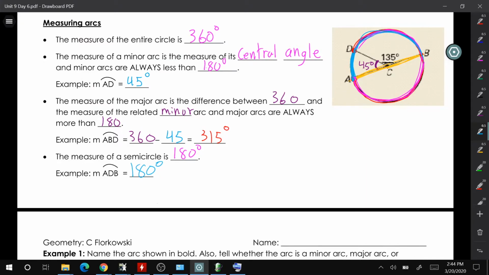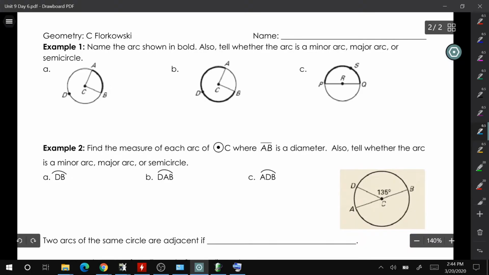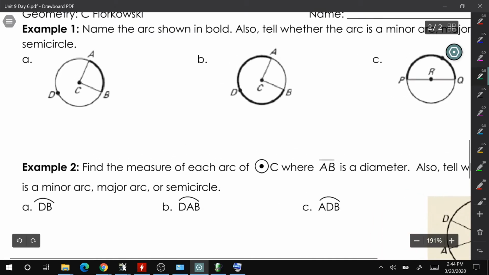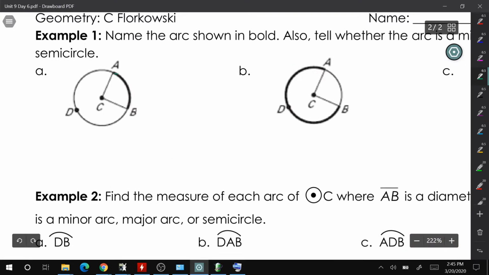All right, let's look at the next page. It says, name the arc shown in bold and tell whether it's a minor arc, a major arc, or a semicircle. So the bolded arc is right here. So that is arc AB, and that is a minor arc because it is less than 180 degrees. It's less than a semicircle.